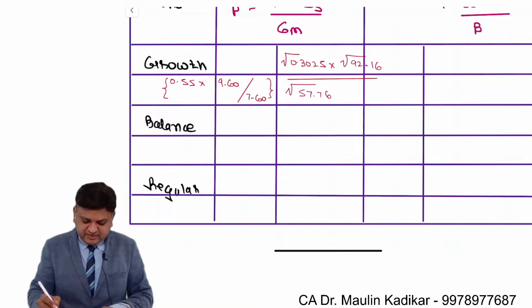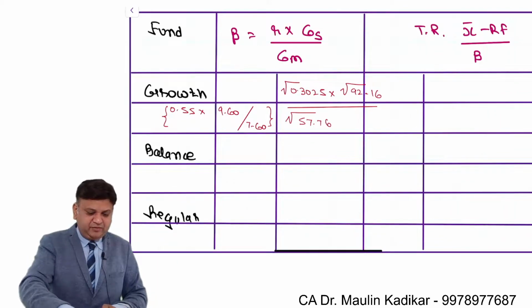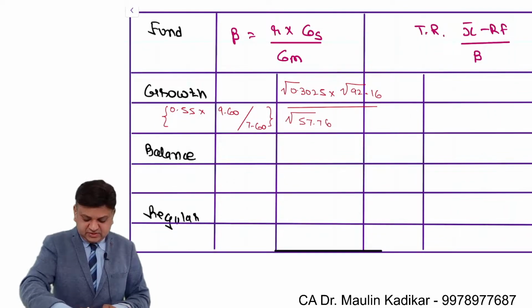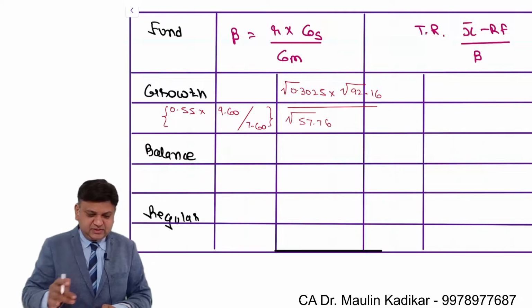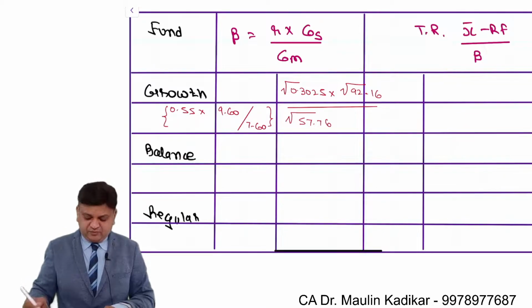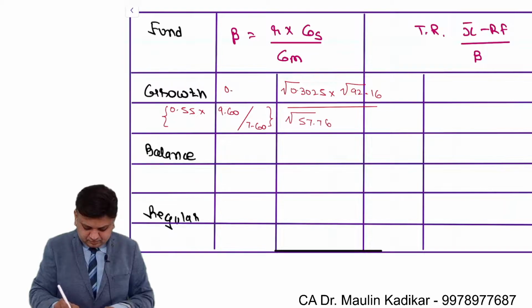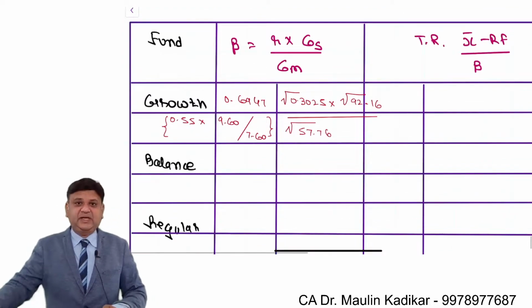So the final answer will be 0.55 into 9.6 divided by 7.6, which is 0.6947. That is the way the beta is calculated.